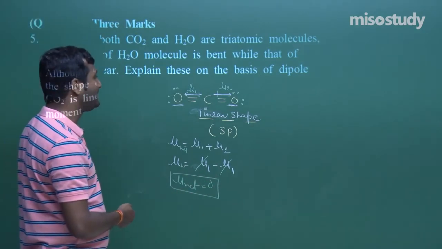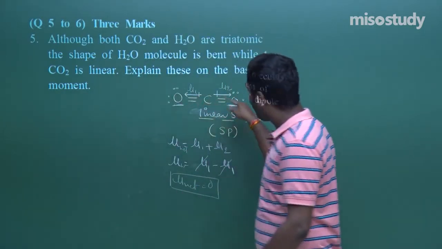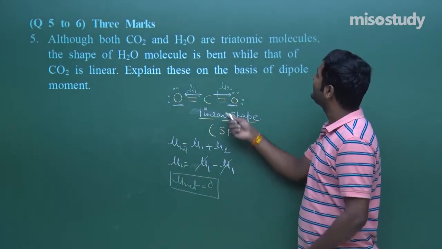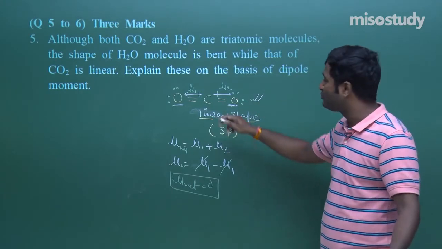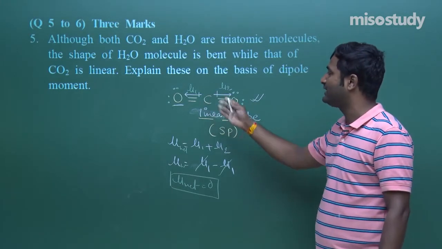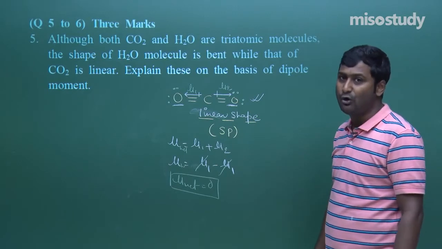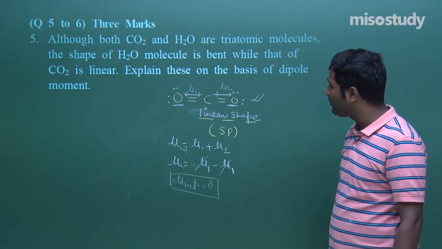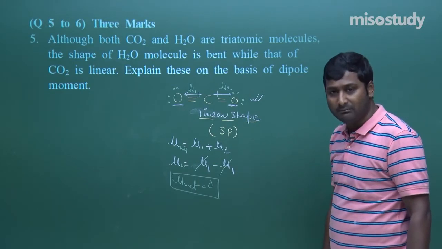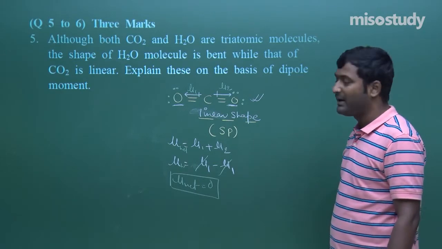Though it contains 3 atoms, still it has the linear shape. There is no role of lone pair, because in carbon there is no lone pair. Clear to you? So there is no lone pair repulsion, and the dipole moment is 0.